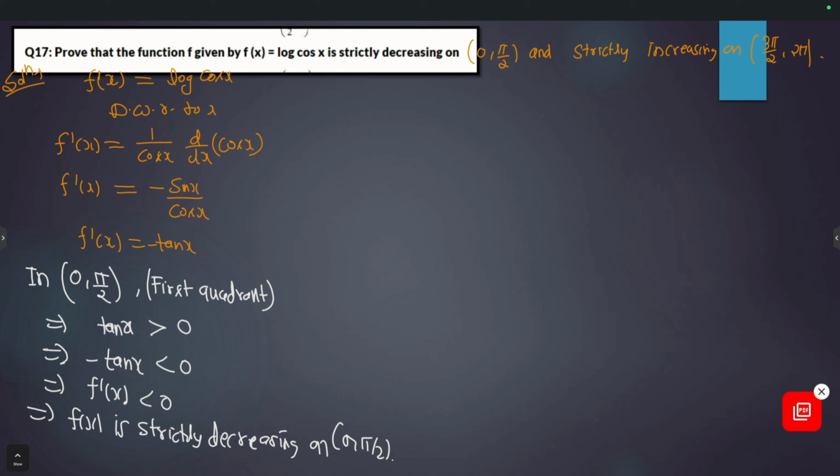Okay, now solve the other one also. This interval 3 pi by 2 to 2 pi is the fourth quadrant, correct? Also we know this is the fourth quadrant, and in the fourth quadrant tan x is negative.